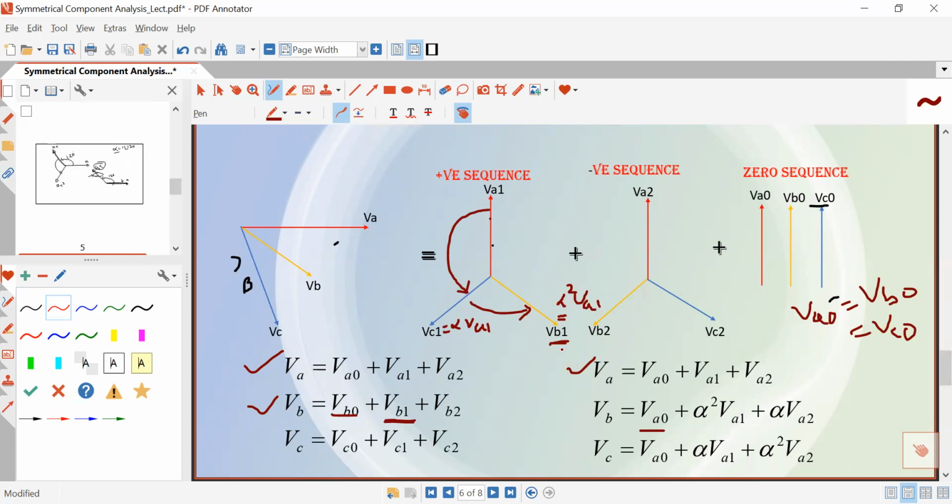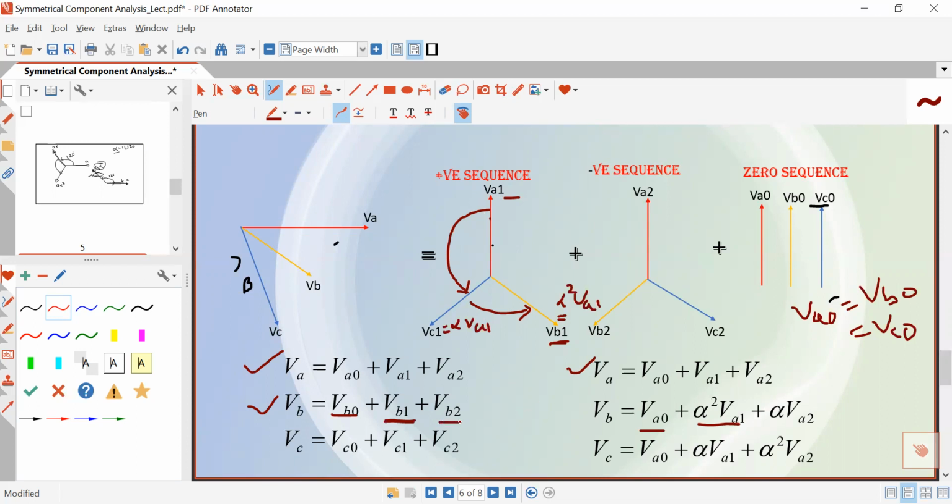In place of VB1 you can write alpha square VA1, because VB1 is 240 degree anti-clockwise from VA1 and the lengths of VA1 and VB1 are the same. So VB1 can be written as alpha square VA1.